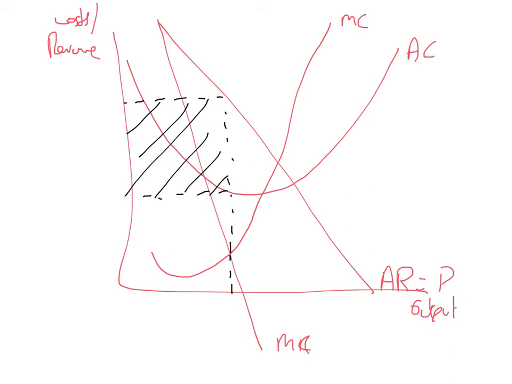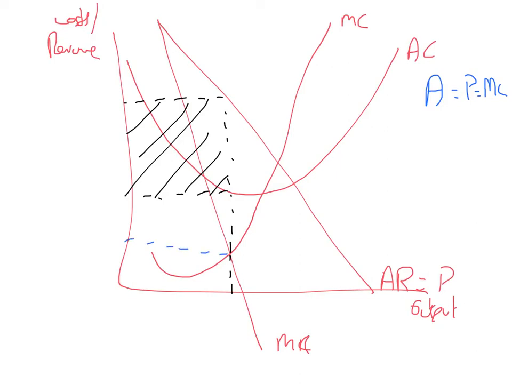Okay, so let's go back to whether they're efficient or not. So first of all, are they allocatively efficient? Now remember, to be allocatively efficient, your price has to equal the marginal cost. Right, look, so this is where they produce. They produce where MR equals MC. Now at this point, the MC is down here. Now you don't have to dot these in the exam, you just have to be able to say it.